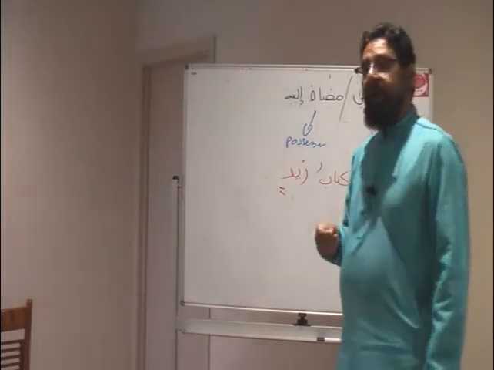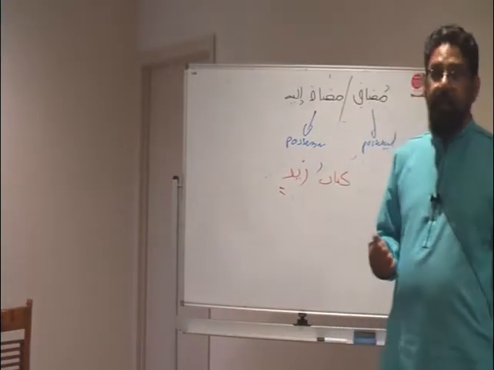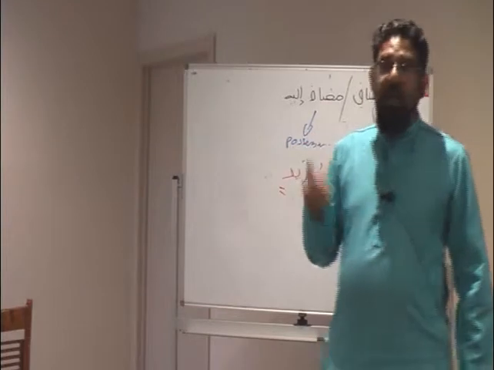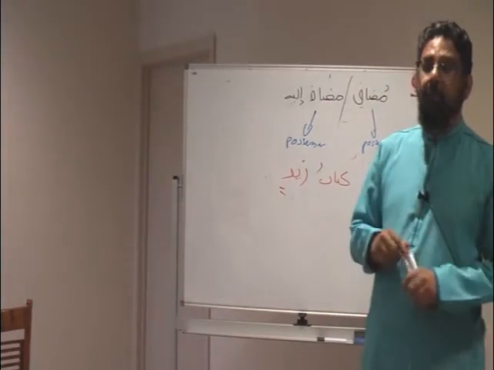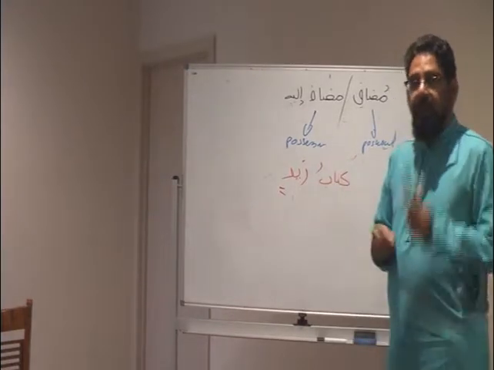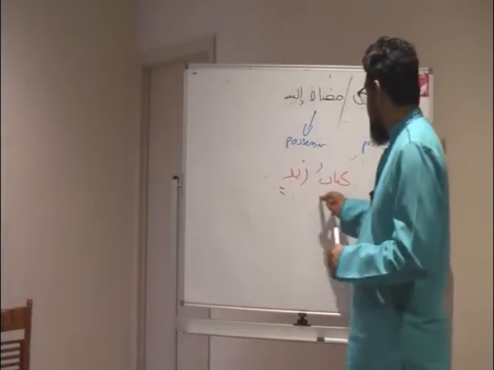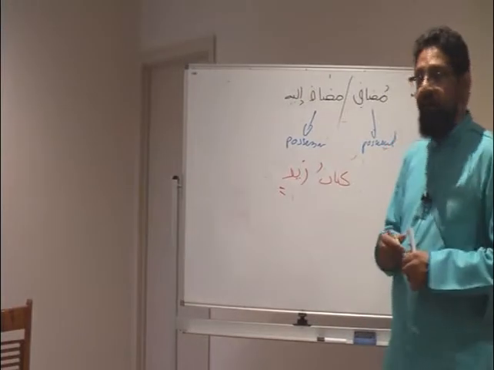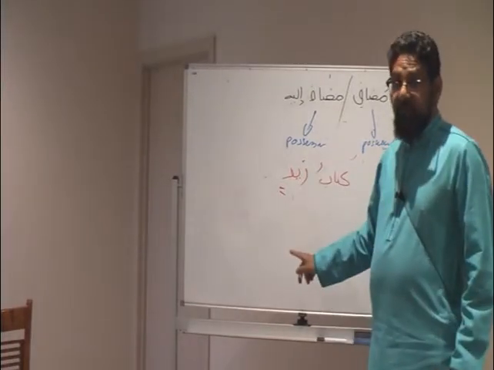Nor can it be al-kitabu Zaydin. It cannot be like the book of Zayd. You can't put al-kitabu Zaydin. It cannot happen in a mudaf ilayh relationship. So it's always a single vowel. However, on the mudaf, the grammatical state can be different.